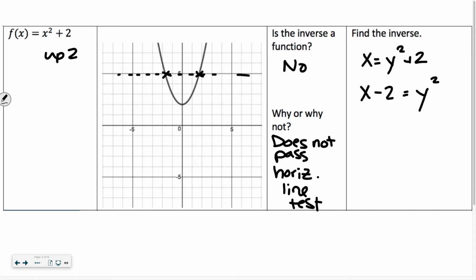Then solve for y by taking the square root, like we did in section 4.5 or 5.4. When I'm solving for y, and taking a square root, an even root, what do I have to add to my answer? Plus or minus. So my answer is y equals plus or minus square root x minus 2.